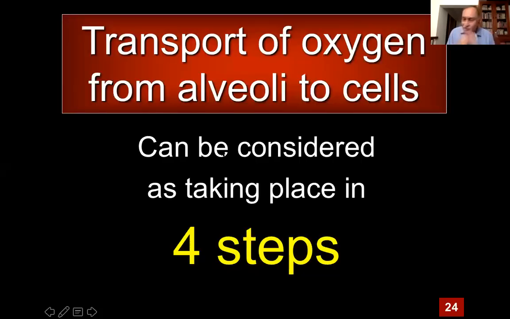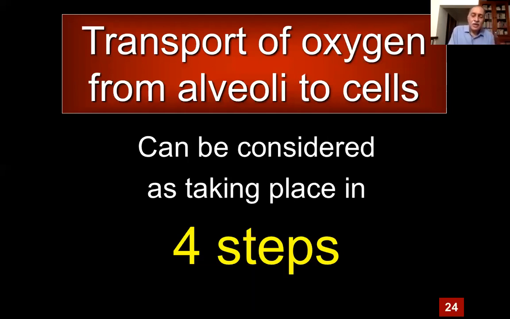Now, once you have seen how these two or three steps have happened in the oxygen cascade and how the alveolar oxygen tension of 100 millimeters of mercury has been achieved, the next point we need to look at is how this oxygen from the alveoli ultimately reaches the cells.